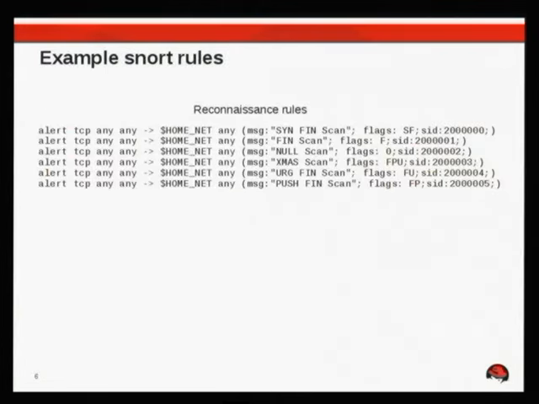So here's just some examples. These are one-liners to look for scanning attacks, and a typical rule could, at the very top, look for TCP packets from anywhere to my own network and any port with the SYN flag and the FIN flag in the TCP flags set, and if that's seen, display a message. So this is just a toy for demo.